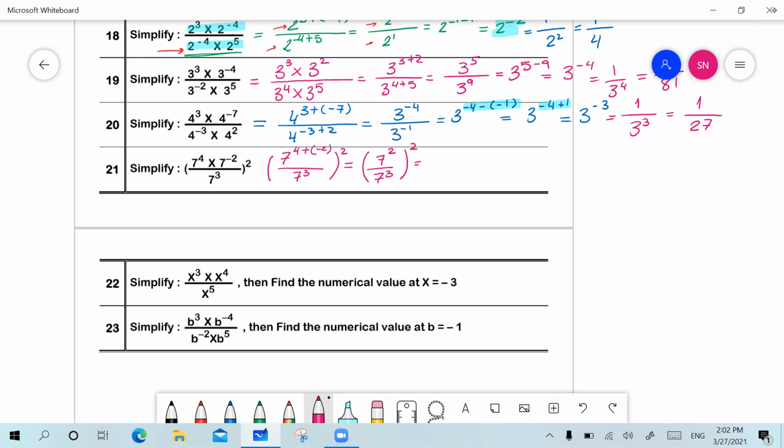And then we'll multiply 2 by 2 and 2 by 3. So you will have 7 to the power of 2 times 2 over 7 to the power of 3 times 2, right? So I have 7 to the power of 4 over 7 to the power of 6. And then?